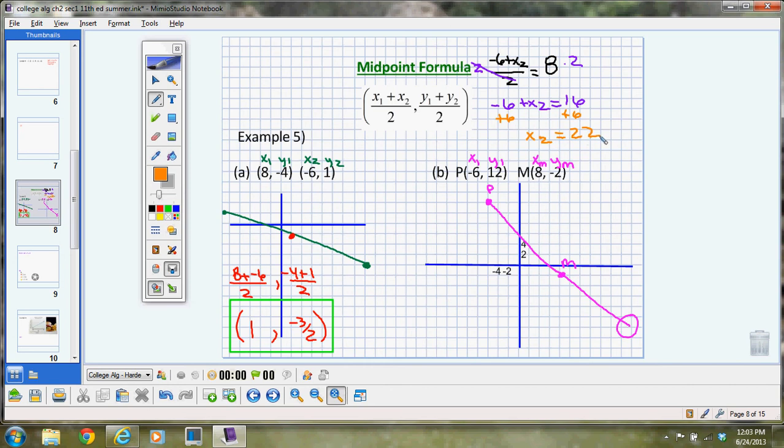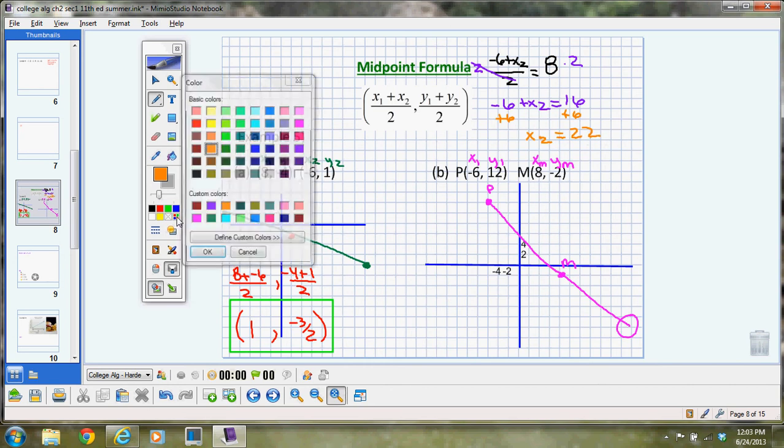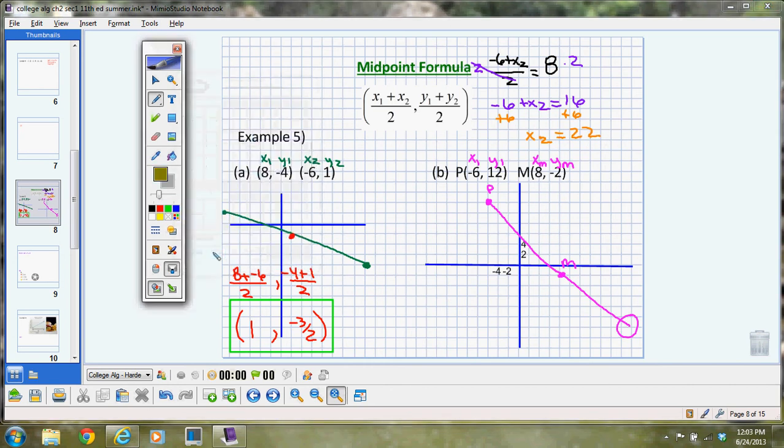So I'm halfway there. Now let's go down to the bottom and do the other one. On this one, I'm doing my y value. So I'm going to have y1, which is 12, plus y2, over 2, equals negative 2. Again, I'm going to get that 2 off the bottom, multiply both sides by 2.